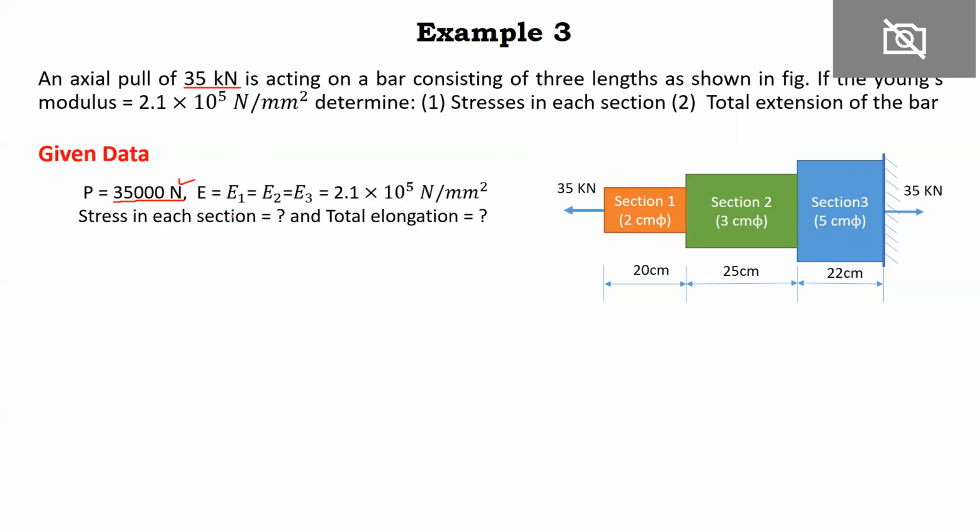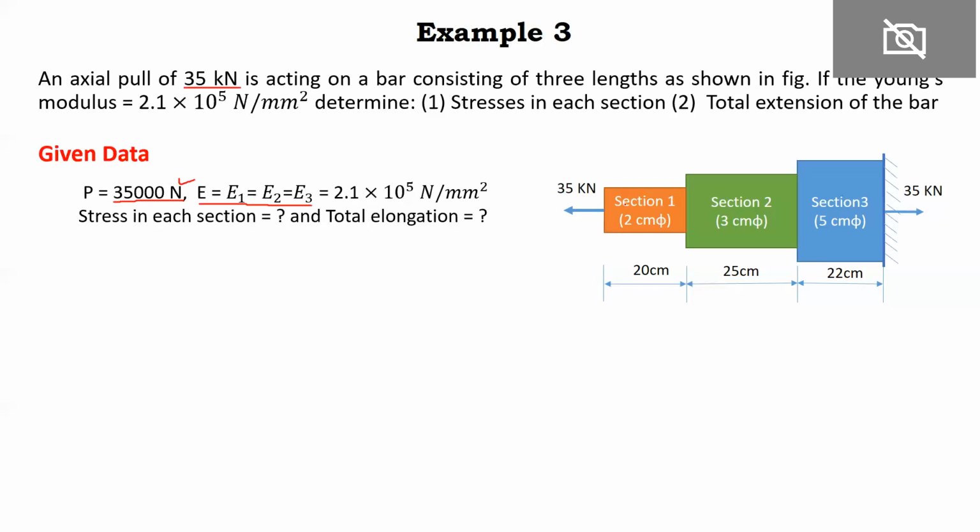Then Young's modulus E, because Young's modulus E is the same for all the sections, therefore E1 is equal to E2 is equal to E3 is equal to E. So that is equal to 2.1 into 10 raised to 5 Newton per mm square. Here again, area is given.